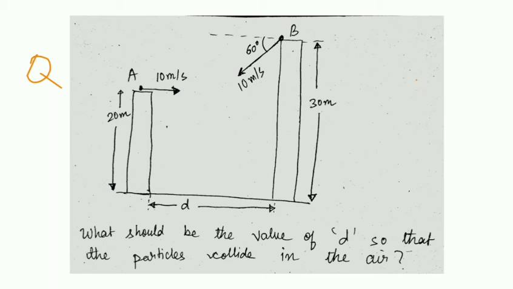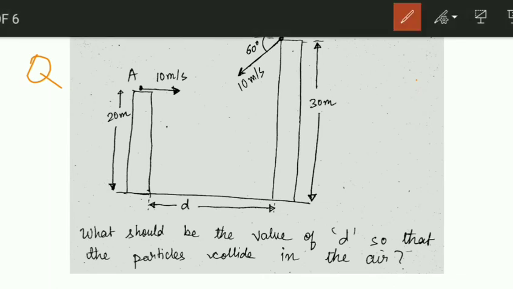From point A and point B, two projectiles are launched. From point A, the projectile is launched with a velocity of 10 meter per second in the horizontal direction, and from point B, the projectile is launched with a velocity of 10 meter per second in a direction making an angle 60 degree with the horizontal.